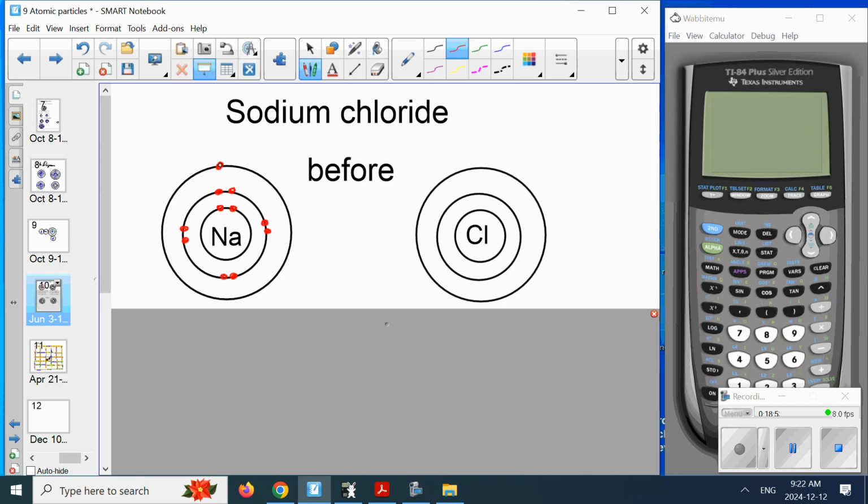Chlorine, 17, has 7 in its 3rd shell. So 2 on the 1st, 8 on the 2nd. You don't need to use a different color, it's just to make something pop up.